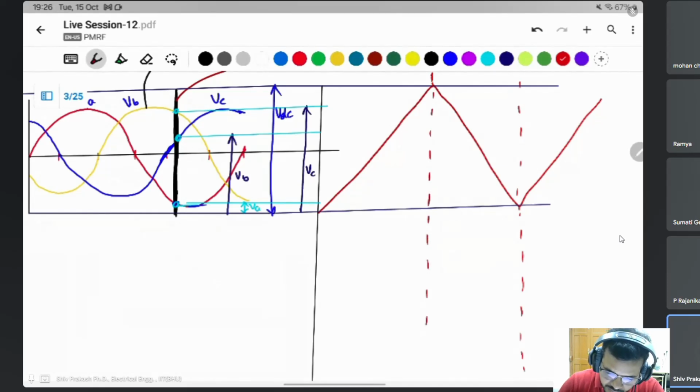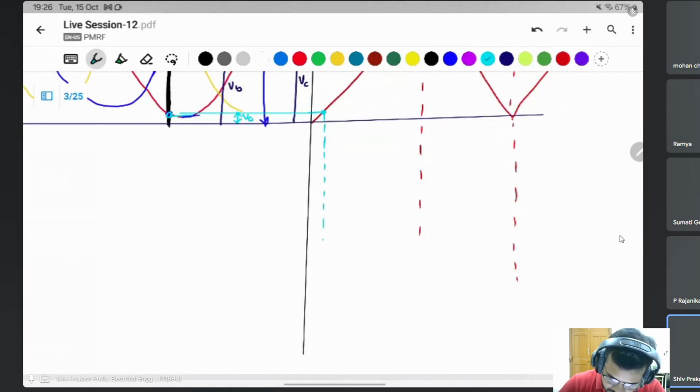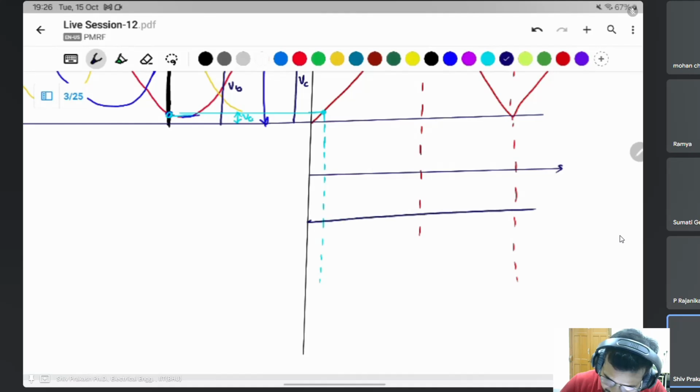Here it will cut the magnitude of this carrier signal, then it gives the high voltage, which will generate the pulses like that. How much time it will be on or off. Same thing, if you cut here, it will generate the VA signal, for this duration only. There are three durations: VA, VB, and VC.